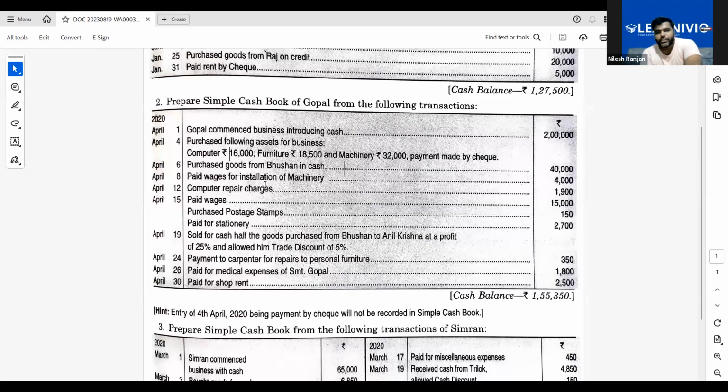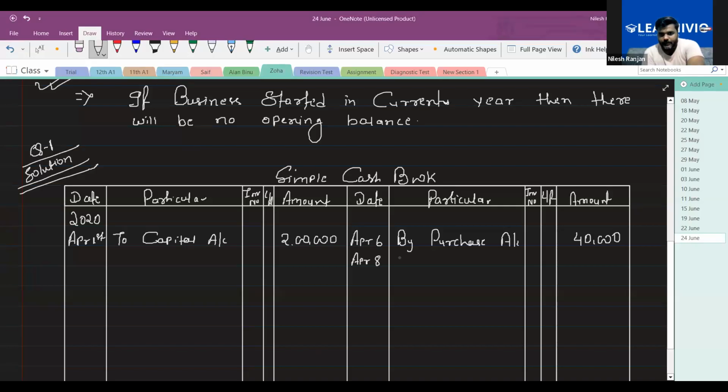Paid wages for installation of machinery. Again, we are paying, so credit side, by machinery account. Sometimes a student writes it as a repair account or installation expenses. But installation expenses are part of the cost of machinery.